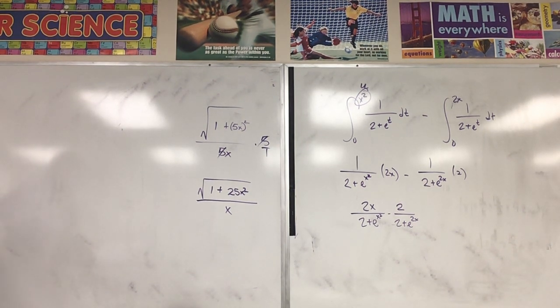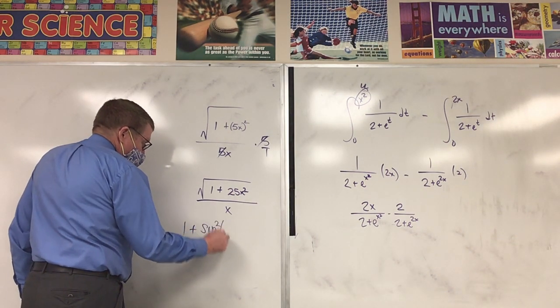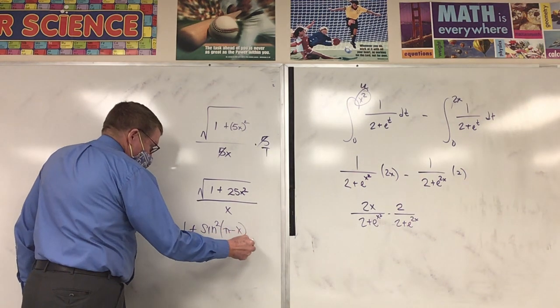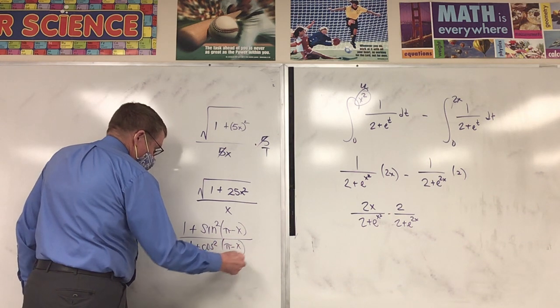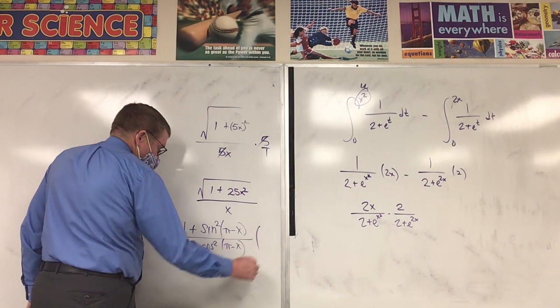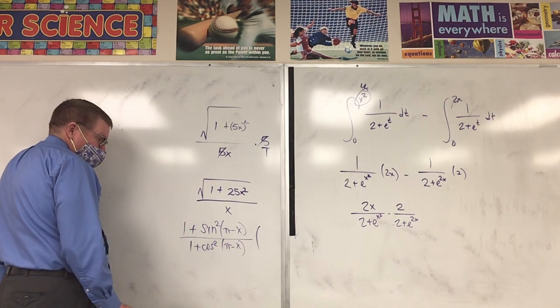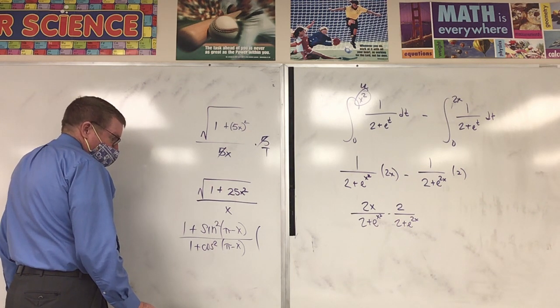So if the x is in the bottom, do we still do the same thing by putting the x in? You're on 12. So 1 plus sine squared of pi minus x over 1 plus cosine squared of pi minus x, and then times it, you take the derivative, so it'd be negative 1.